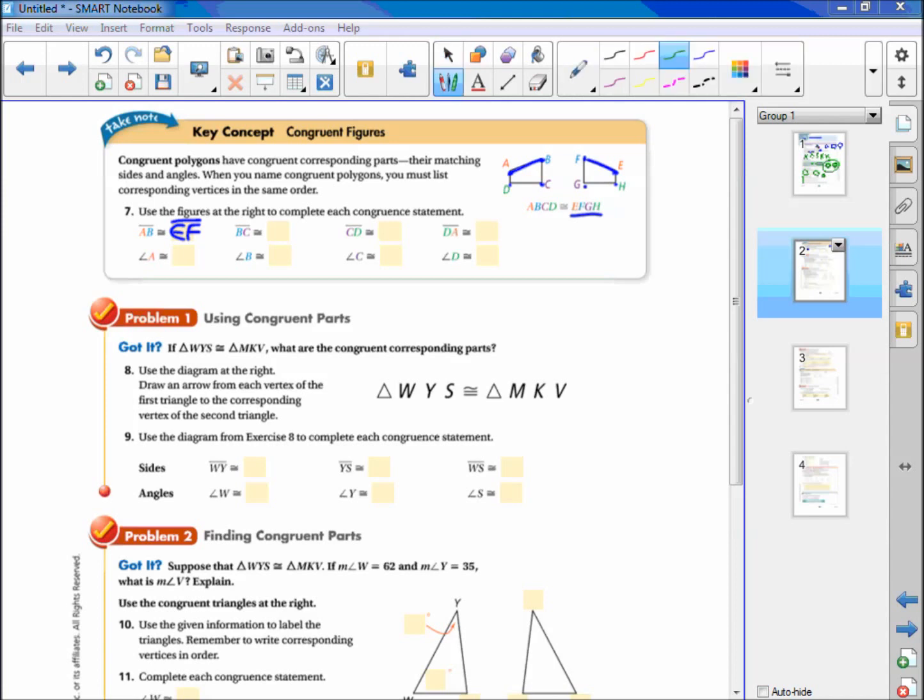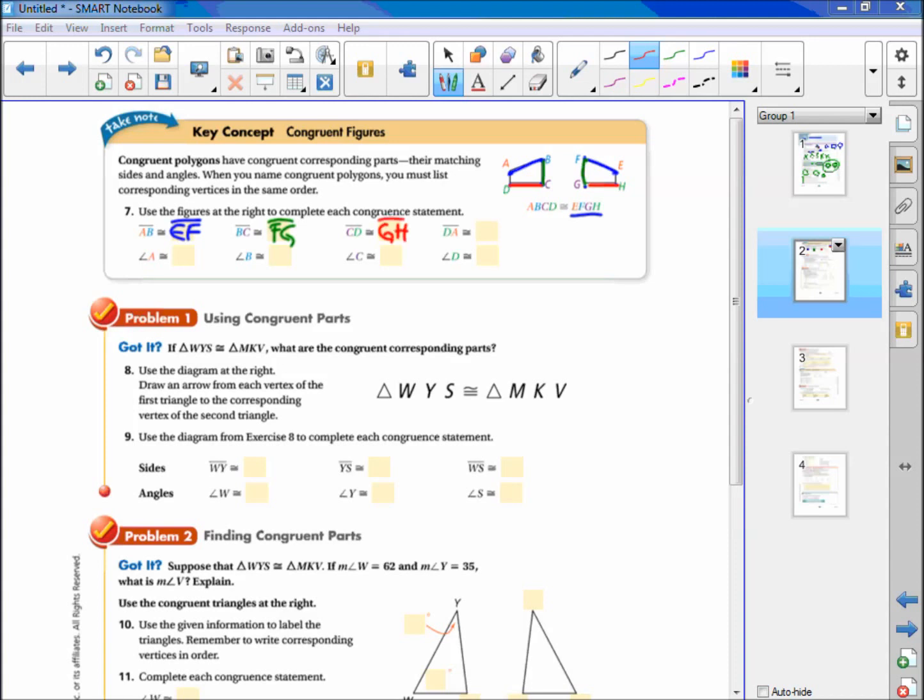So BC is from the top tall to the top bottom, and then over here, we're going to go from the top tall to the tall bottom again. So that would be FG. Okay. We're looking at CD now. CD is the bottom in each one of these. So CD. So that's going to be GH.